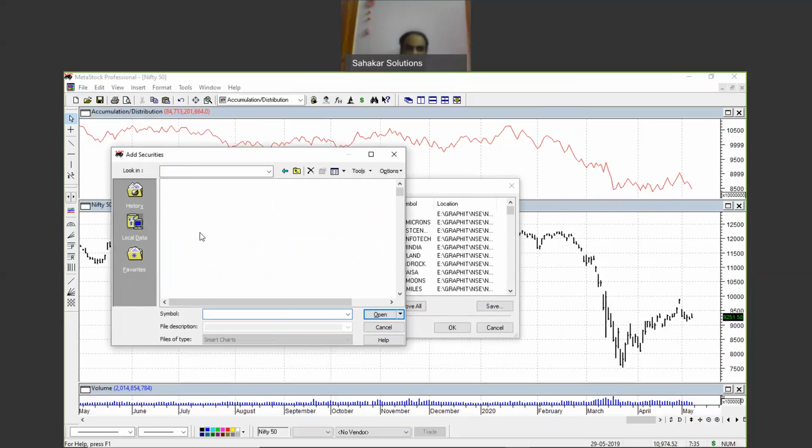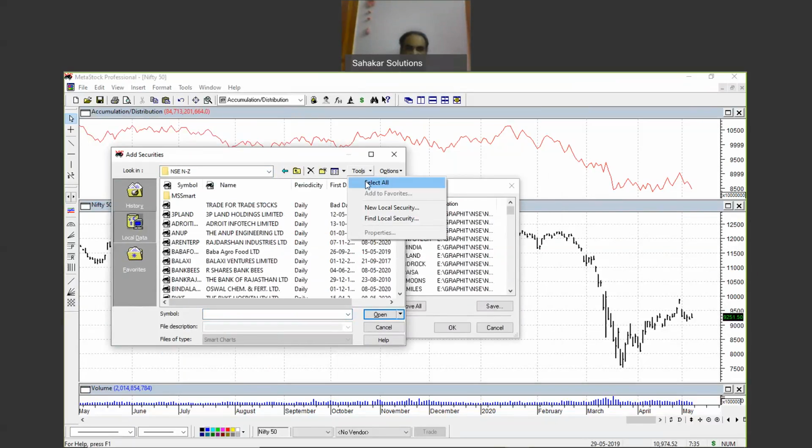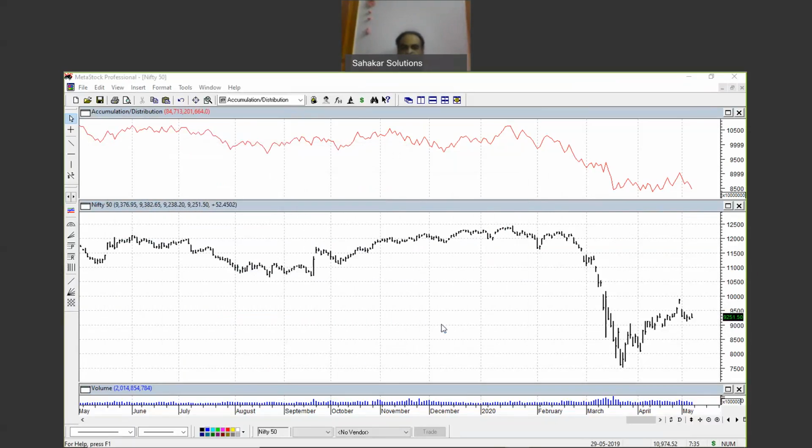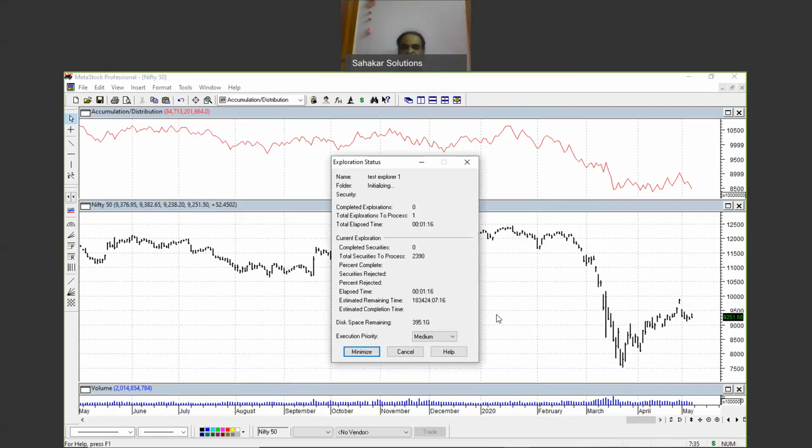Select. Open. Now all such activities are taken. Now I press OK. Now the exploration will be done for all 2,390 stocks. If any stock meets the criteria, it will be taken out.